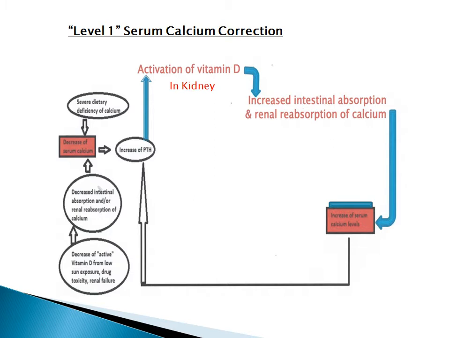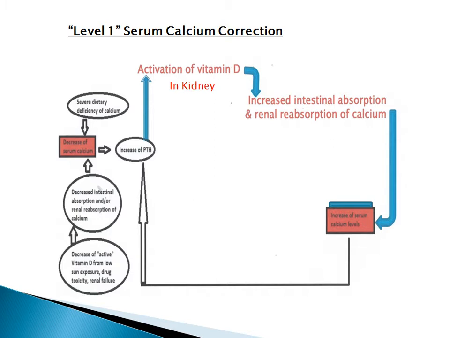When the serum calcium levels drop, as indicated on the left-hand side, if you look at the red boxes there, it says decrease of serum calcium, and the conditions that can lead to a decrease of serum calcium, whether it's a dietary deficiency or an impairment of intestinal absorption or renal reabsorption, which comes from vitamin D deficiency or drug toxicity or renal failure.